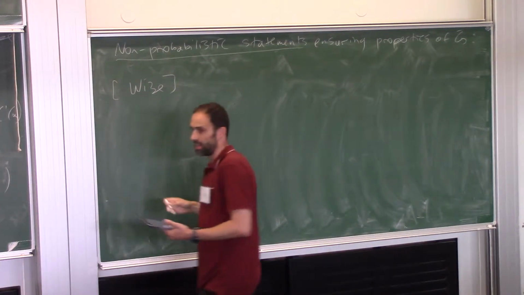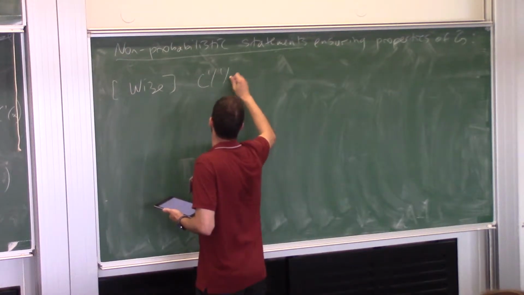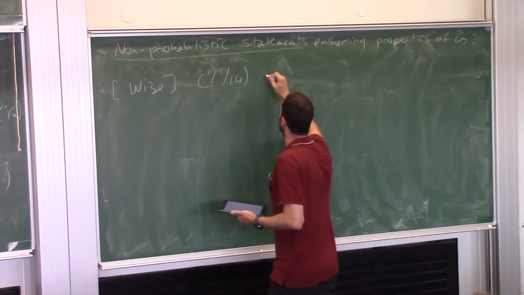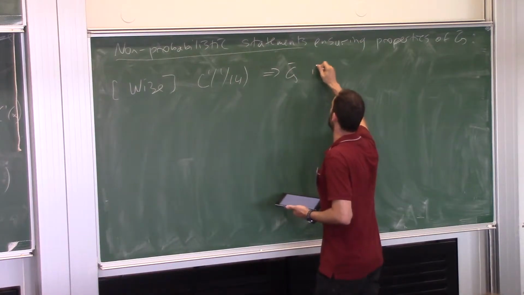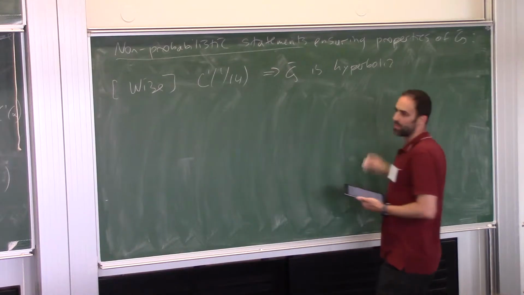In Dani Wise's manuscript, I think this is going to answer your question, Mahan, C prime 1/14 ensures that the quotient is hyperbolic.